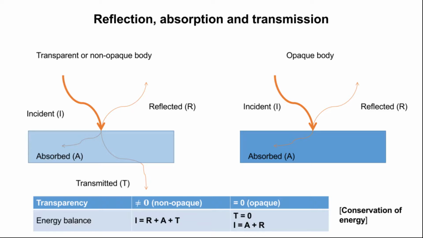In opaque bodies, radiation cannot be transmitted, so the energy corresponding to the transmitted radiation can be considered to be null. And the energy balance becomes irradiated energy equals reflected energy plus absorbed energy.